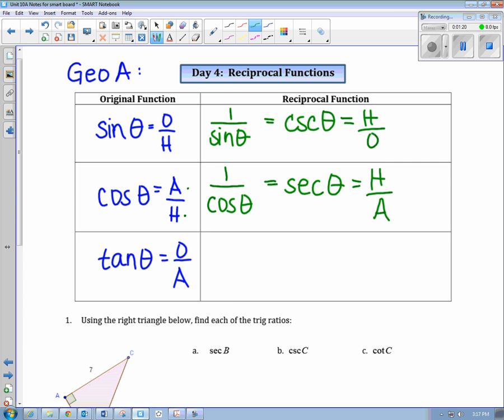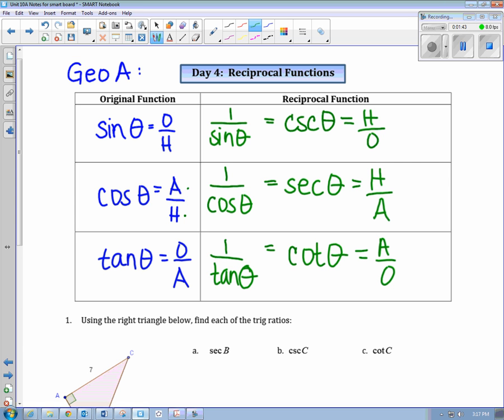And then the tangent, the reciprocal of that is going to be cotangent. So cotangent theta, and if tangent is opposite over adjacent, then cotangent is adjacent over opposite.